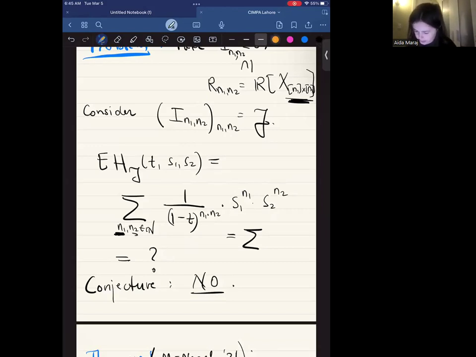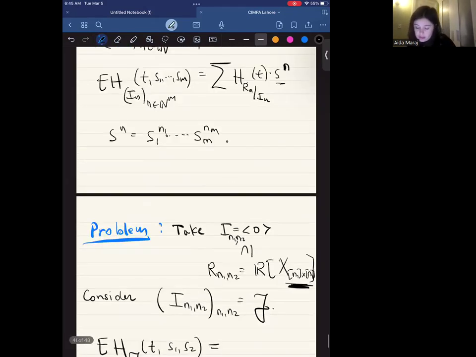So this would not exist. Then this is just the expression S1 over 1 minus t to the N2, where N2 is fixed, in power N1, and this is a geometric series, so it's rational.